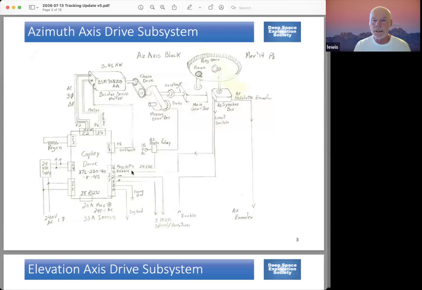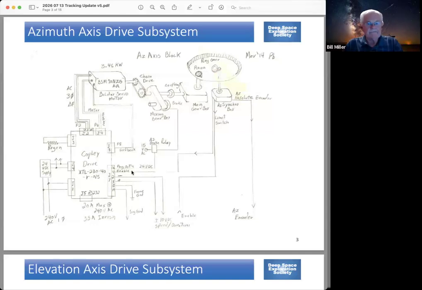So if the limits have been exceeded, they would not allow the enable signal to get all the way to the Copley. But yeah, that's true. And you'd have to override the limit. And we've done that a couple of times where we accidentally drove it into the limit switches.